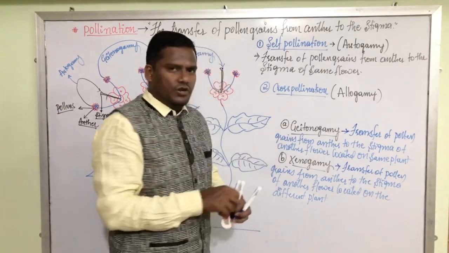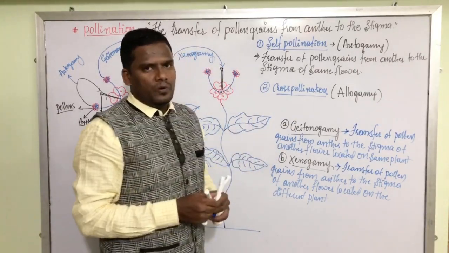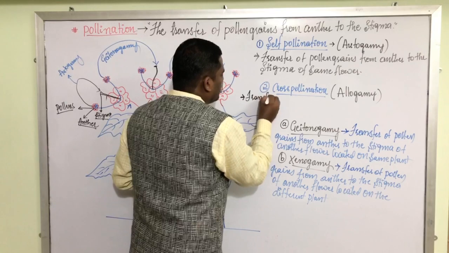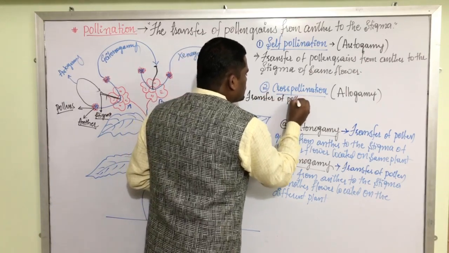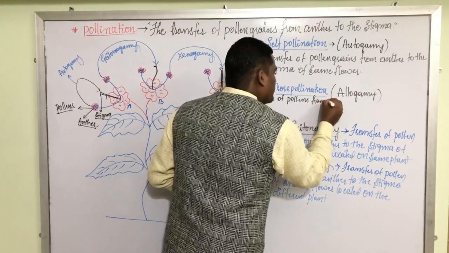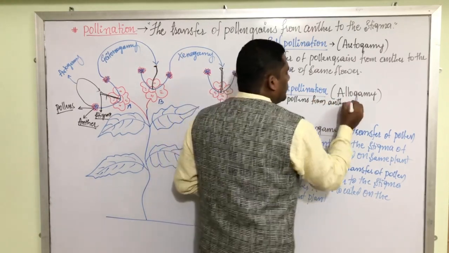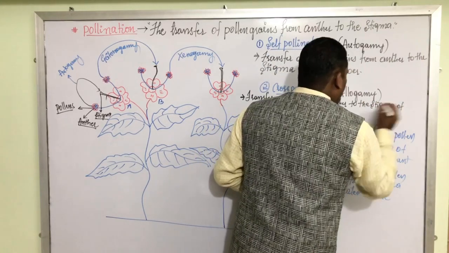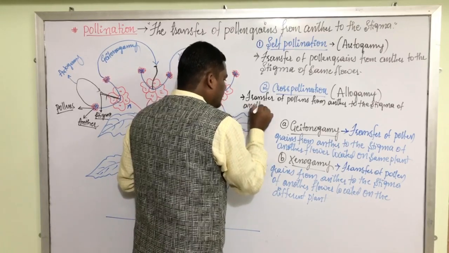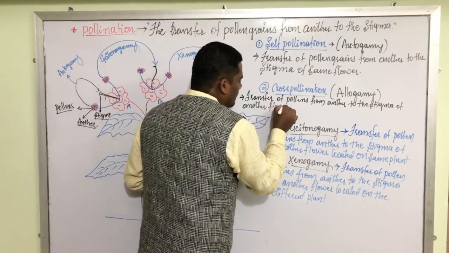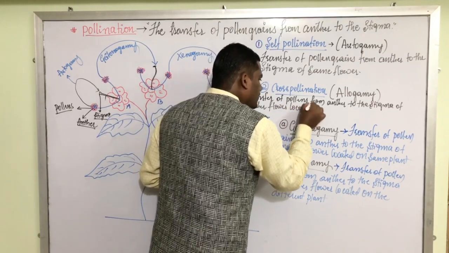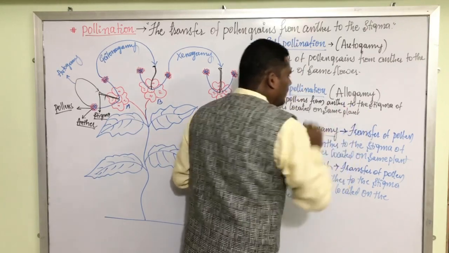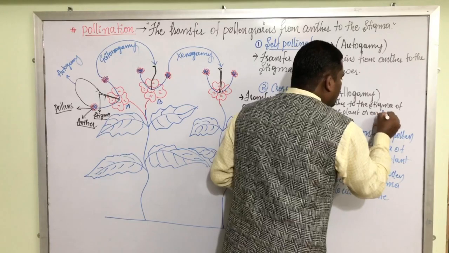Now, after understanding the two different types of cross-pollination, that is geitonogamy and xenogamy, let us define cross-pollination. Cross-pollination means transfer of pollens from anther to the stigma of another flower located on same plant or on different plant.